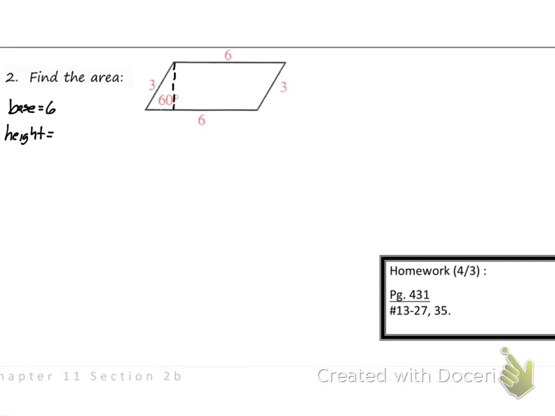What I'm going to do is redraw that triangle. I'm going to make it a little bigger. So that's just that triangle. That's 60 degrees. This is my height. That makes this 30. This 90. So now I have a 30-60-90 degree triangle.